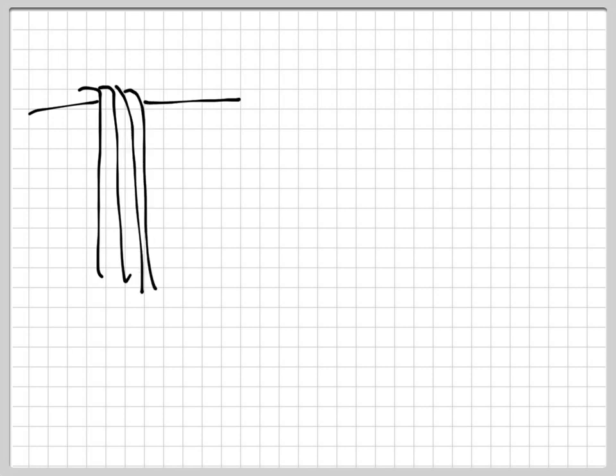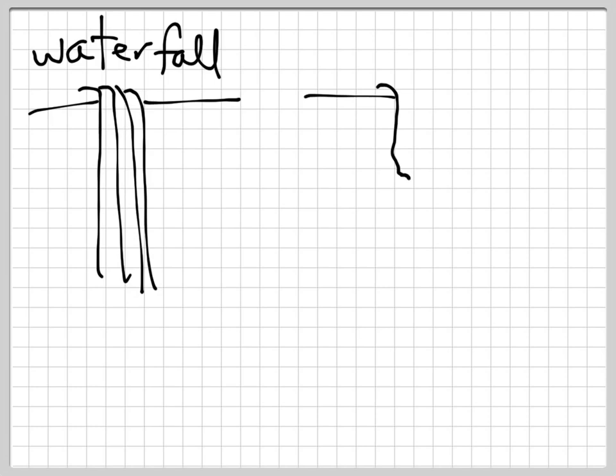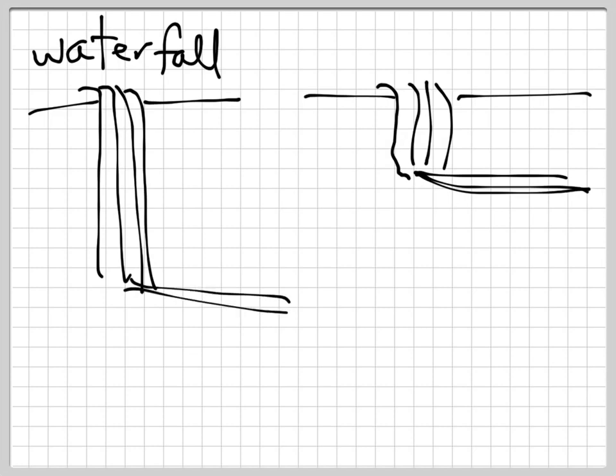Another example is a waterfall. So I'm going to draw a waterfall because I'm a really great artist. Here's a waterfall coming off a cliff. And here's another waterfall. See, here's the river where it goes on.